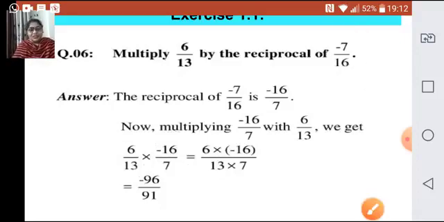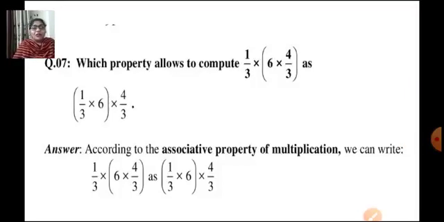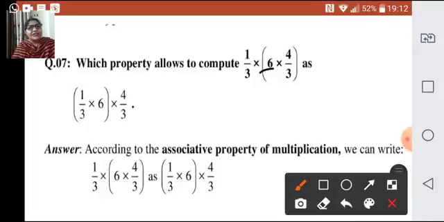Very easy sums, children, these are. This is question number 7 now. Which property allows us to compute 1 upon 3 multiplied by 6 into 4 upon 3 as 1 upon 3 multiplied by 6, and then by 4 upon 3? Now 6 is here, you can just say it in your mind as 6 upon 1. So the first two terms I can multiply first, and whatever answer comes, I will multiply the third one to it.